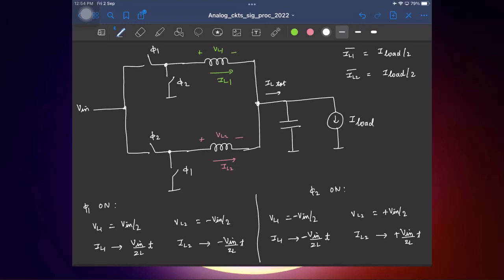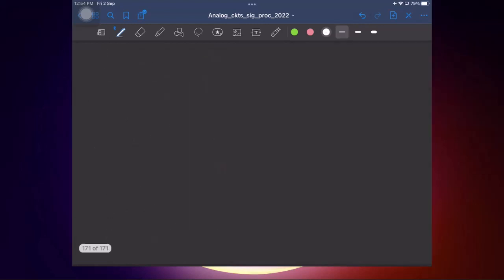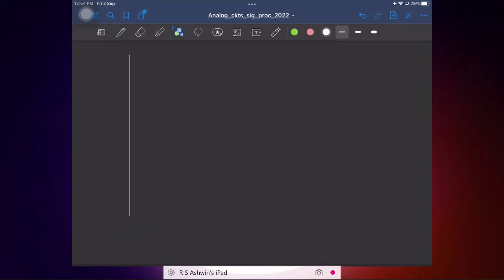So now let's try to sketch the waveforms again. Okay, let's put the waveform. This is the time, and I'm plotting the total current.